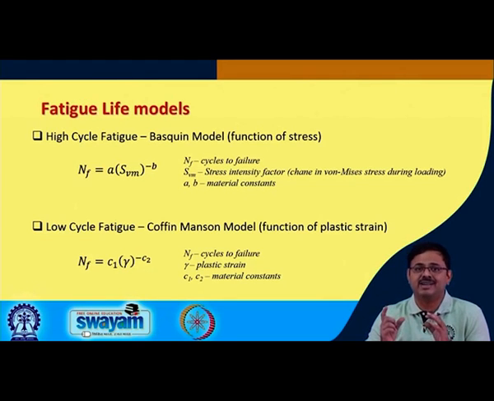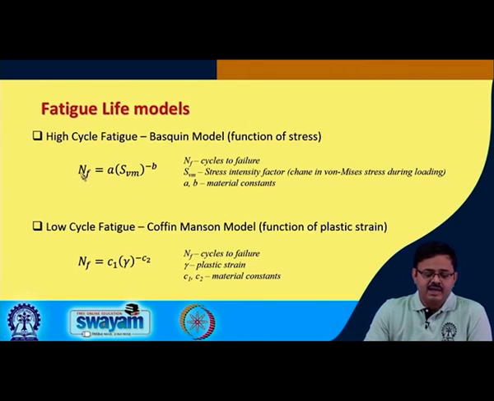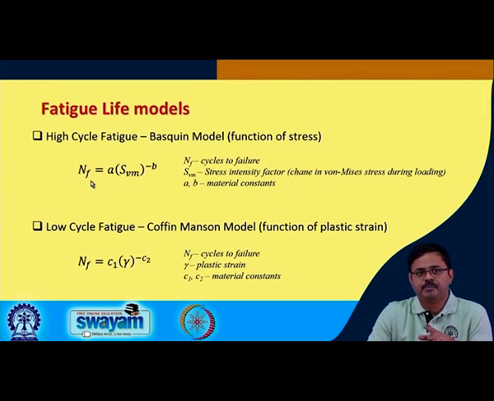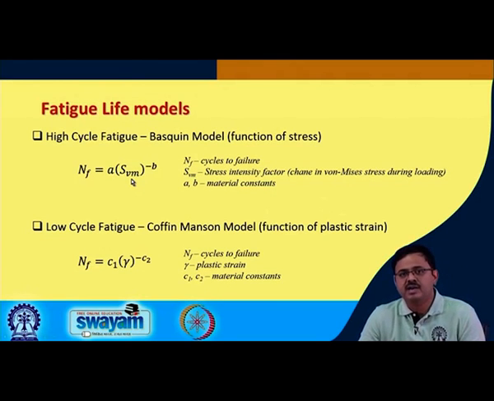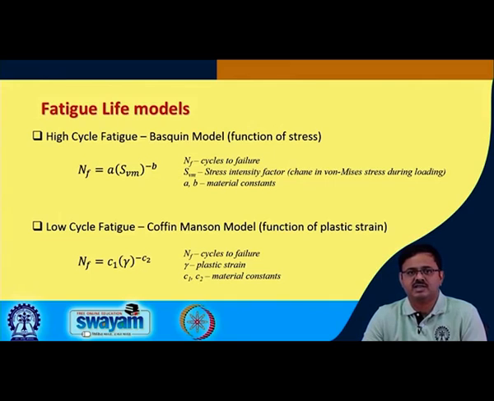Once you have characterized a material, you can do a lot of analysis using all the mathematical and computational tools that we have at our disposal today, and come up with an equation like this. NF is the number of cycles to failure, and that is given by this kind of equation, where SVM is the change in von Mises stress during loading, and A and B are material constants.